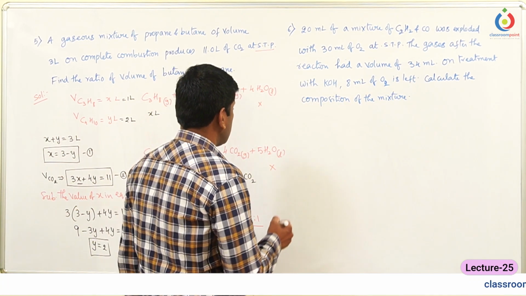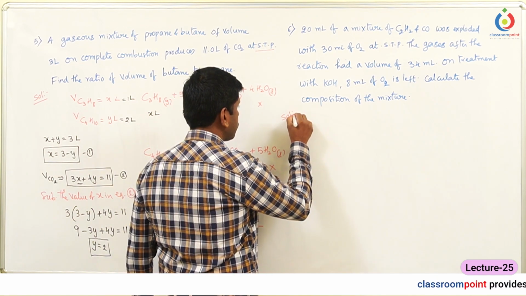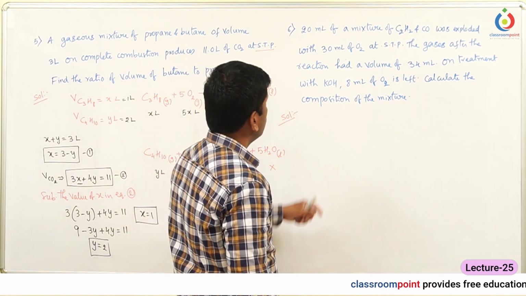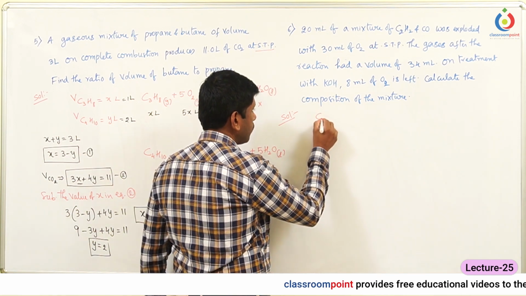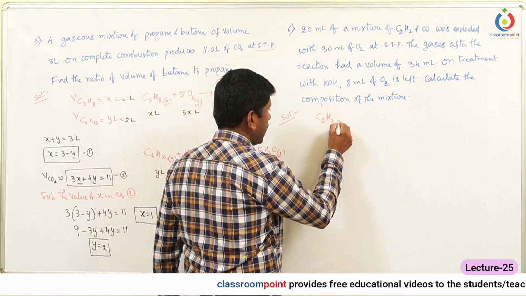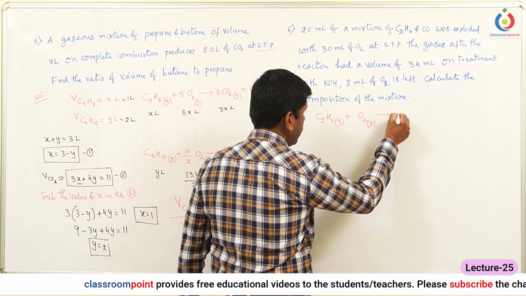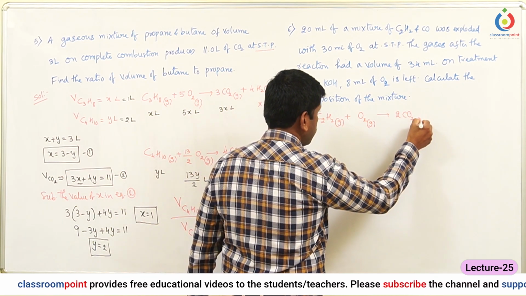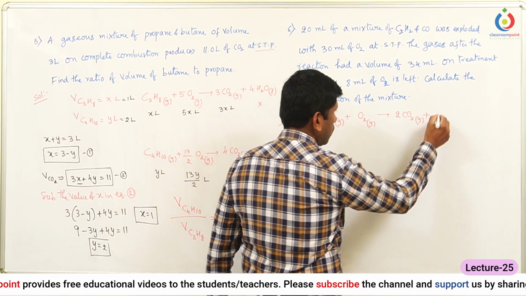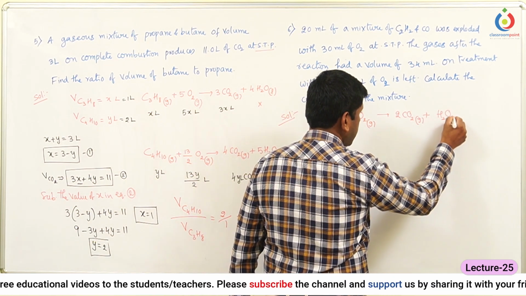So let's write down the balanced equation for all these. C2H2 in gaseous state reacts with oxygen in gaseous state, produces 2 moles of CO2 plus 1 mole of H2O in liquid state.